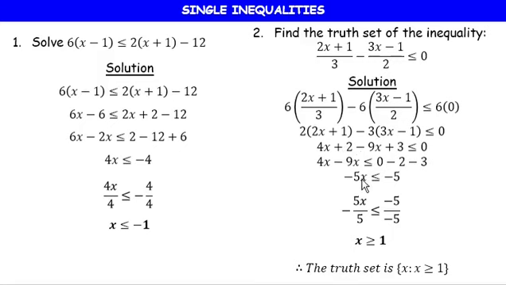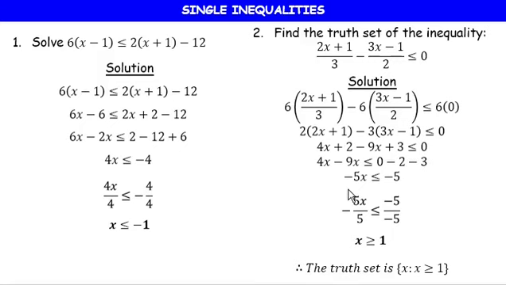So because it's plus, when it comes here it becomes negative 2. This 3, because it's plus, when it comes to the right side it becomes negative 3. Right? So what is 4x minus 9x? It is negative 5x is less than or equal to 0 minus 2 minus 3 gives us negative 5.